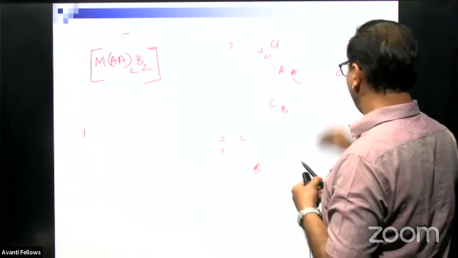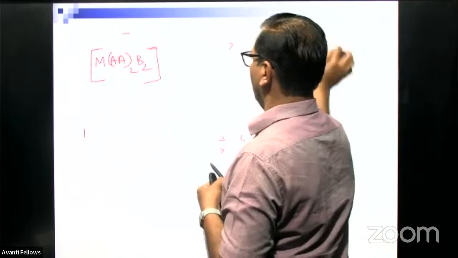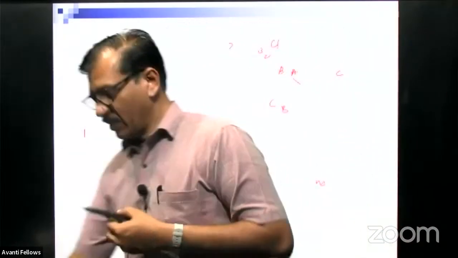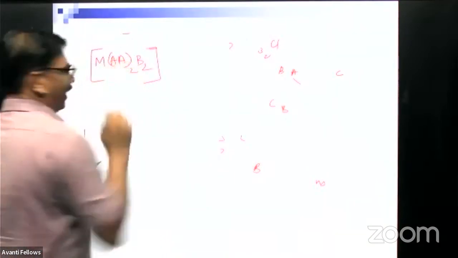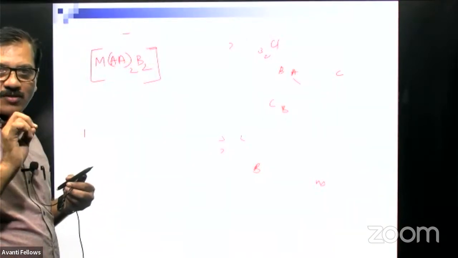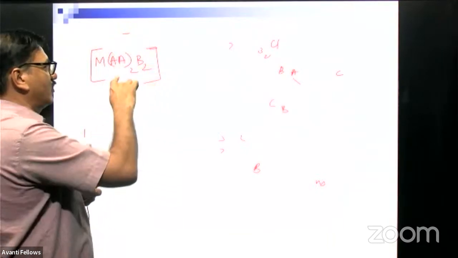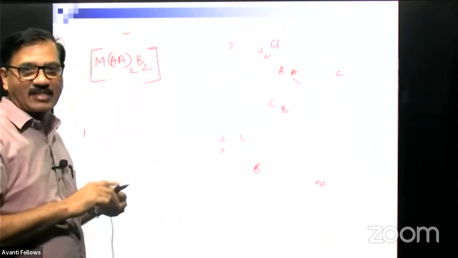The coordination number is not 4. Remember, a didentate ligand has 2 ligating atoms, and each one gives a pair of electrons. Therefore, it is 4 plus 2, 6.